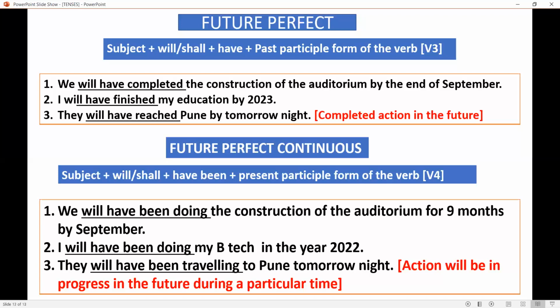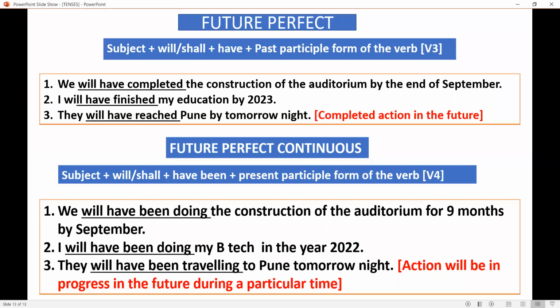So in the case of future perfect tense, they will have reached Pune, but here they will have been traveling to Pune. So the action will be going on in the future at this time, that is tomorrow night. I hope you understood the difference between future perfect tense and future perfect continuous tense.